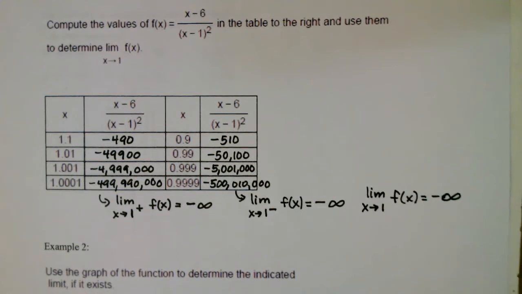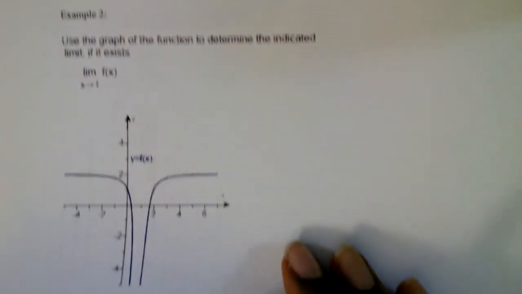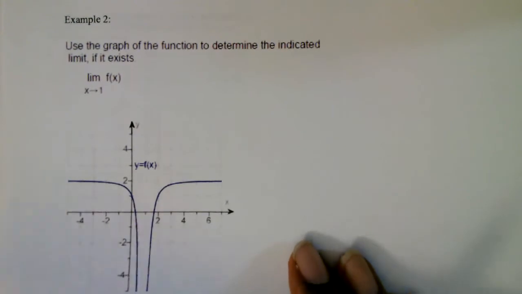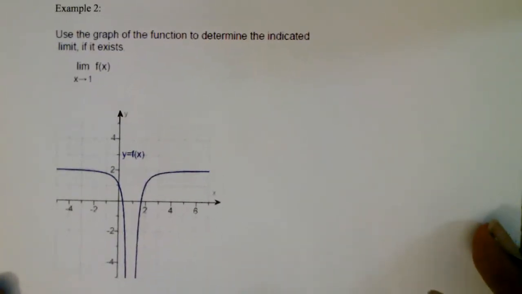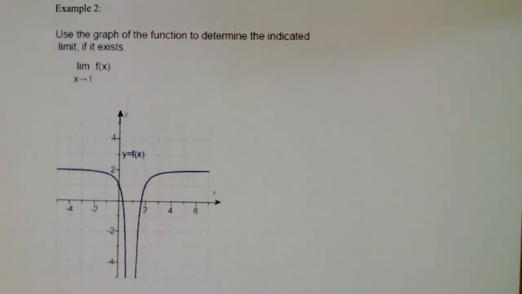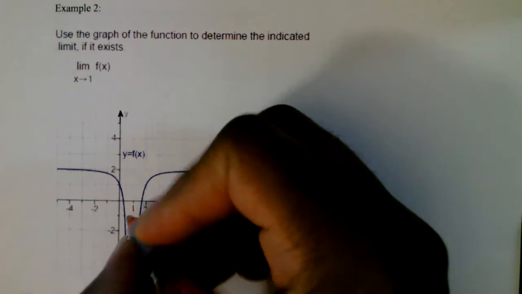All right, number 2. Second example looks like this. Here we've got a graph, and we're going to use that graph to determine the indicated limit of f of x if it exists. So here I want to find the limit as x approaches 1. Well, by looking at this, if I go to the left of 1, here's 1 right here.